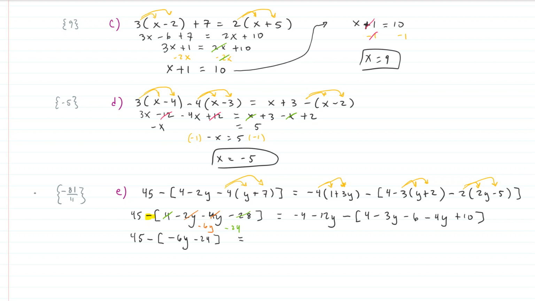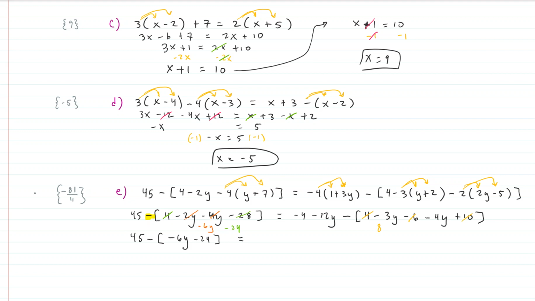All right, what's going on the right side here? Let's do some more simplifying. We have 4, negative 6, and 10. So 4 and the negative 6 give us negative 2. Negative 2 and 10 give us 8. We have positive 8, and those 3 terms go away.